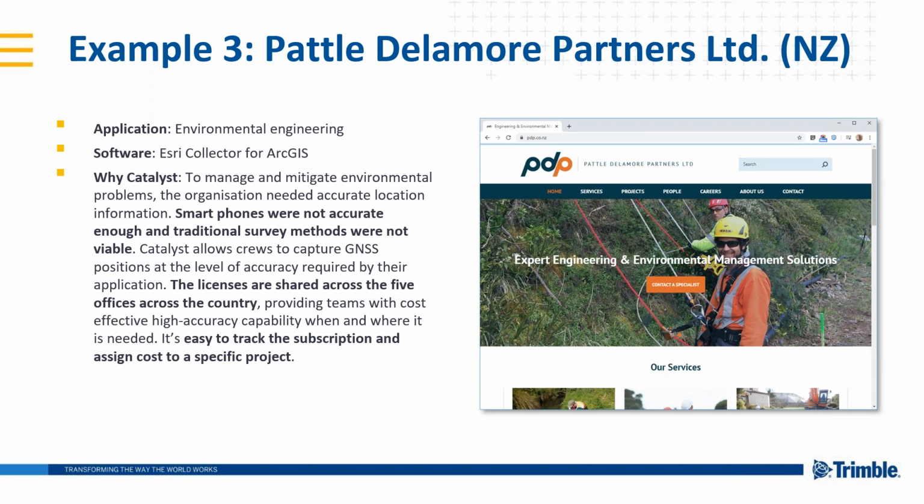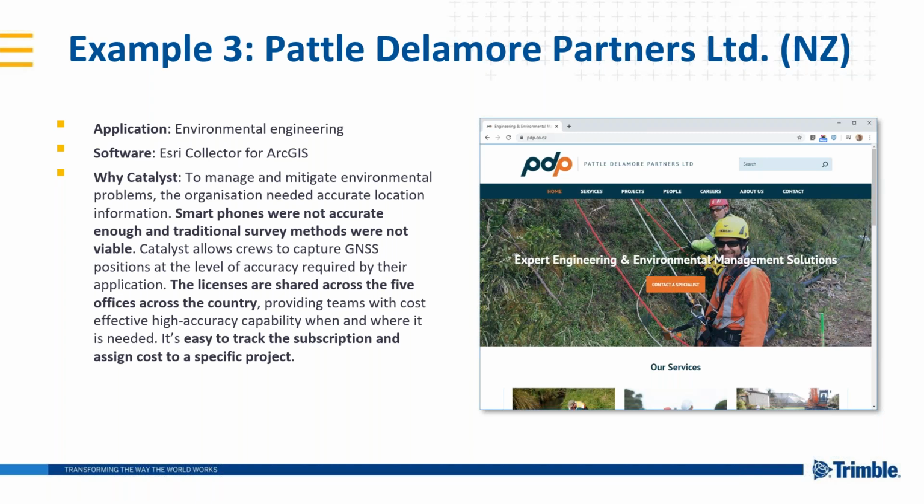They've bought the technology, and why Catalyst was a good option for them is they were using phones, but they found that the accuracy from the phone wasn't good enough. And of course, they could have gone the traditional route, but they found that the survey methods or the traditional methods for achieving the desired accuracy just weren't viable.